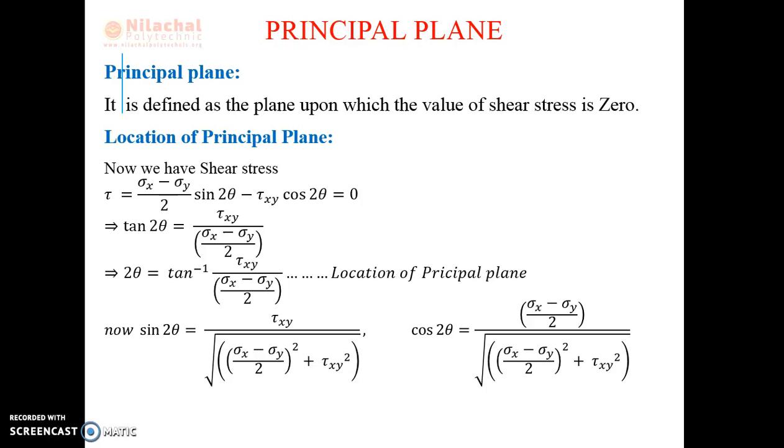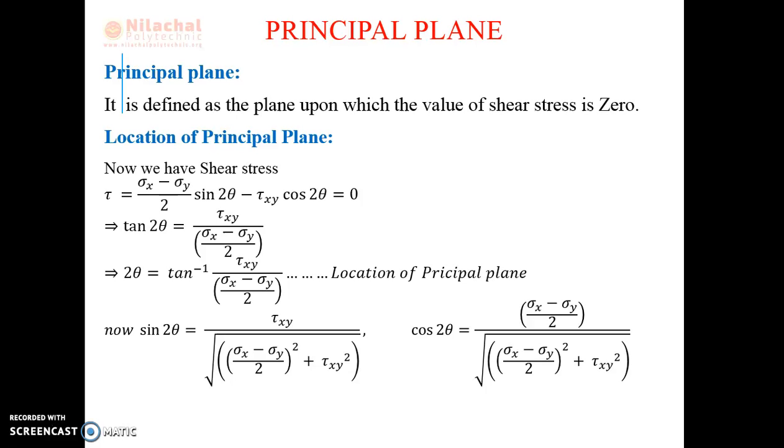For a right angle triangle, let us see the relationship between sin 2 theta and cos 2 theta. In the tan 2 theta formula, P by B is equal to tau xy divided by (sigma x minus sigma y)/2, where P value is tau xy and B value is (sigma x minus sigma y)/2.